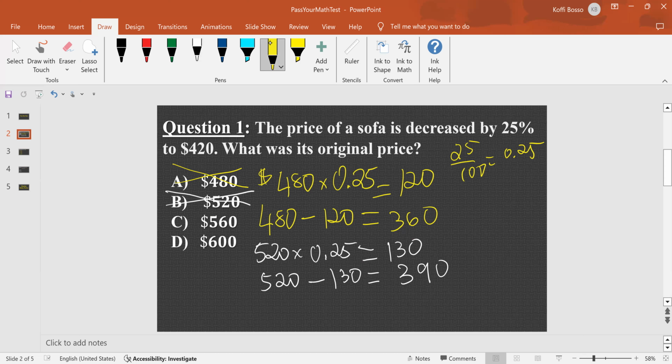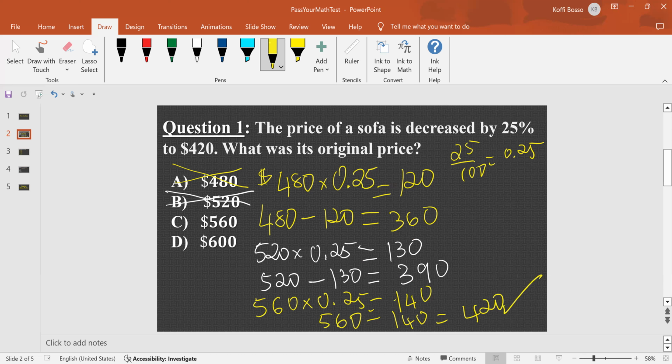Now we move to the next one, which is 560. Same thing, we apply the discount for 560. So 560 multiplied by 0.25. The calculation gives you 140. Now we take 140 from 560, so 560 minus 140, and we get 420.